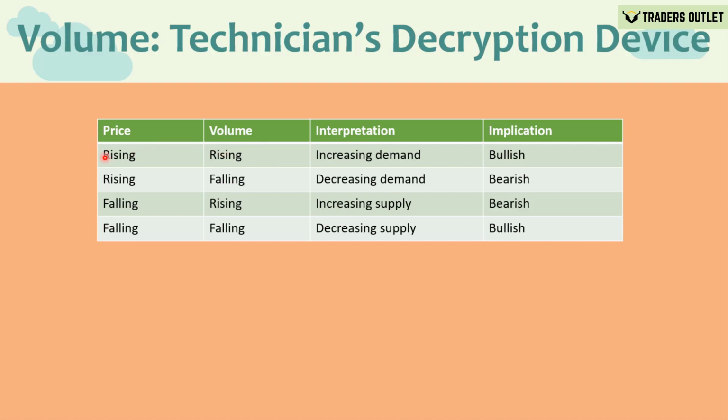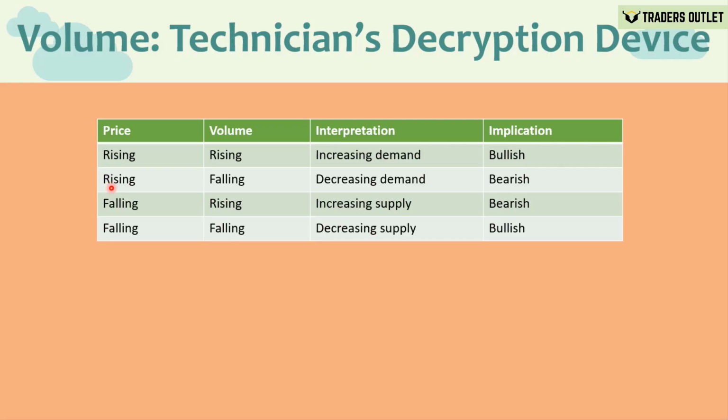In this case, what it means is the demand is rising. When the volume is rising, it basically means that there are more trades happening at a trending upward price, and that would also indicate that the demand for a particular security, share or commodity is increasing. The overall implication is that the market is bullish.